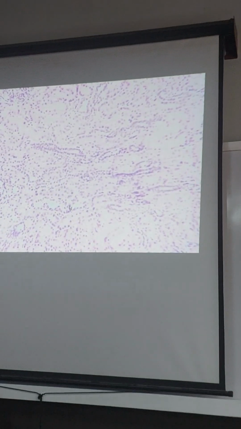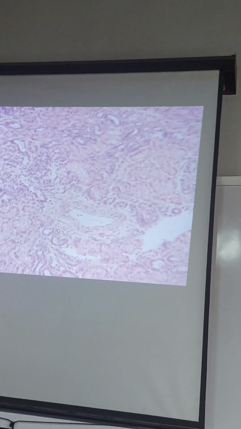So let's focus now on the medulla. Okay. So the medulla is composed mostly of your loops of Henle and your collecting tubules.